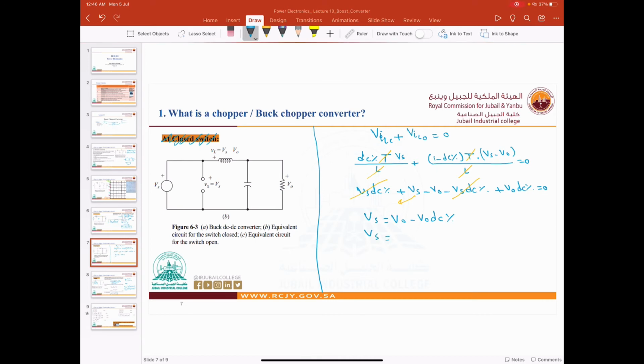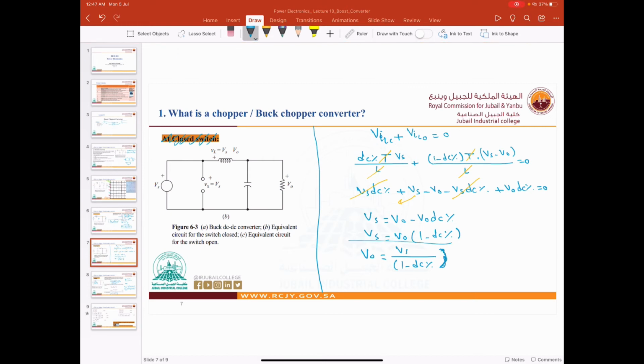Now V out 1 minus duty cycle percent. Okay, now we need to find V out. This is the most important, guys. V out is basically Vs over 1 minus duty cycle percent. So this is our derivation for the formula.